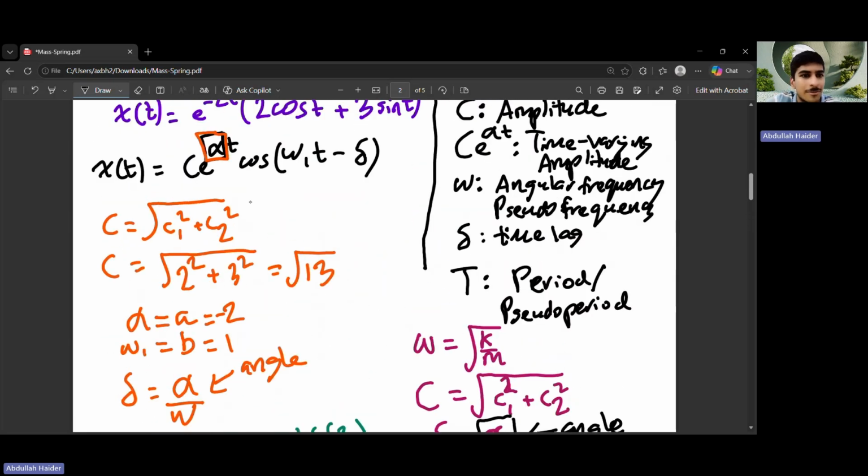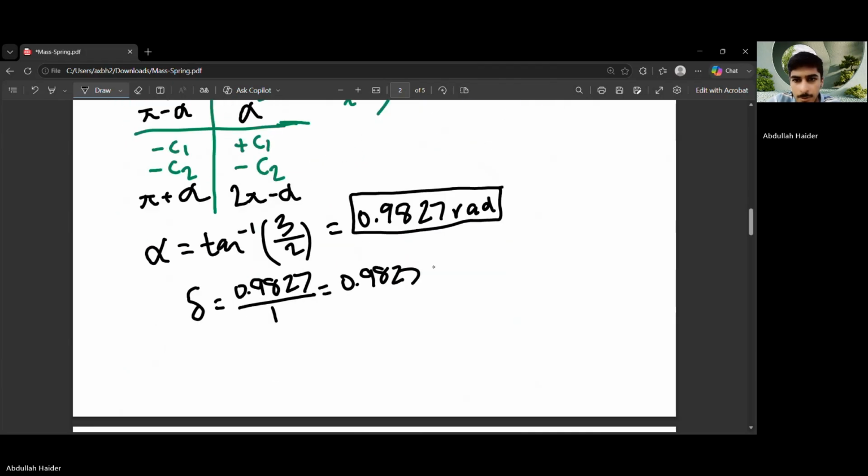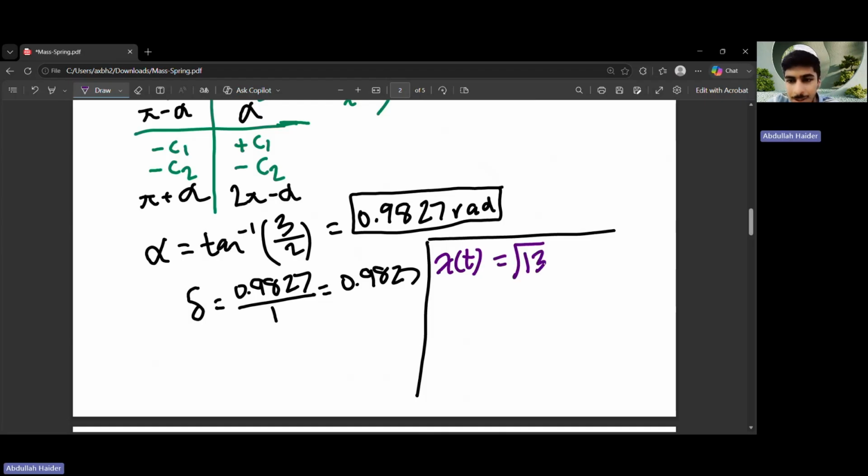So now we have found everything we need to put in this equation. Our x of t is C, which is radical 13, e to the power minus alpha t, cosine of omega, which was 1, times t minus the time lag.